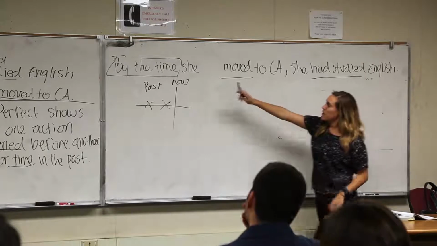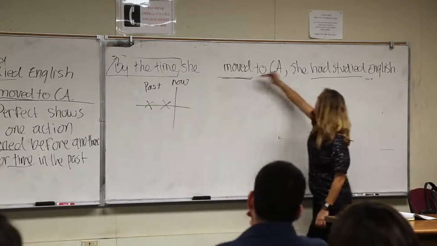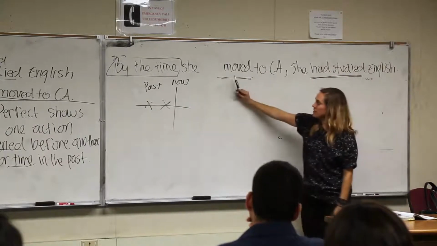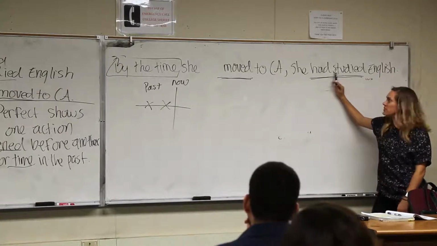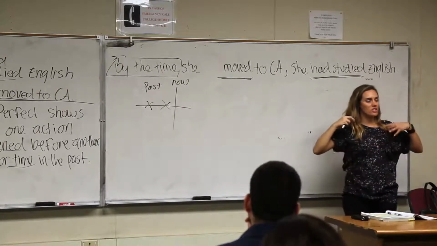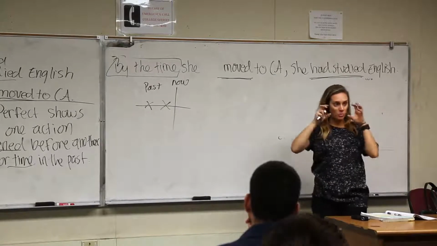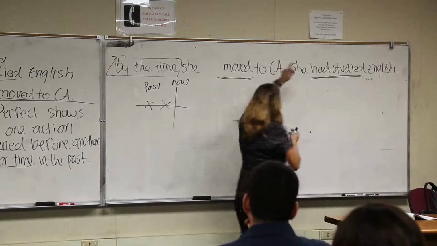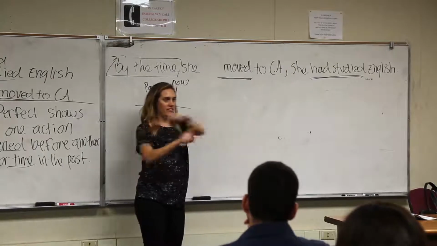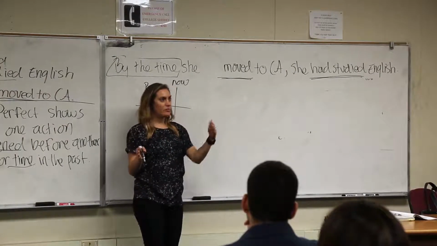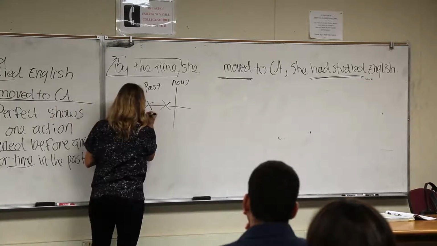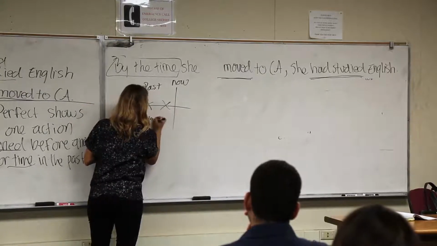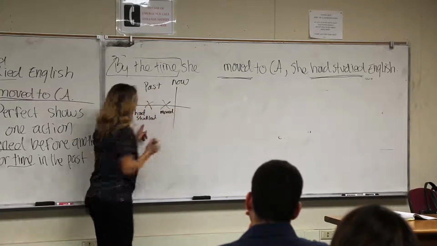So, we have two actions in the past. This one, simple past. This one, past perfect. Why am I using the past perfect here? Because I want to point out that this one happened before moved. Good. It happened first. So she had studied before she moved. Okay?